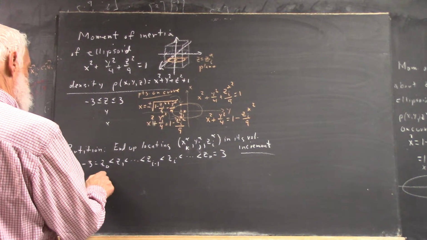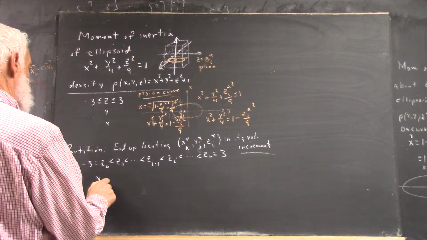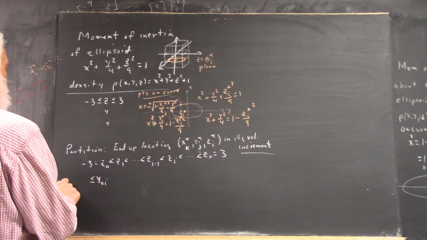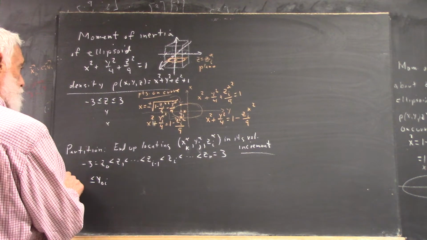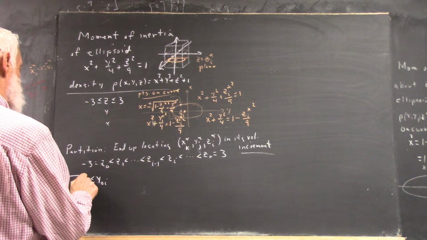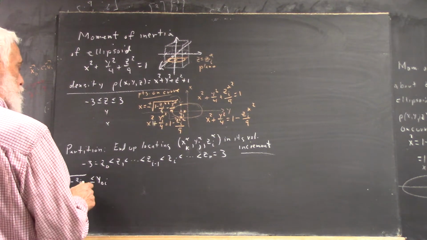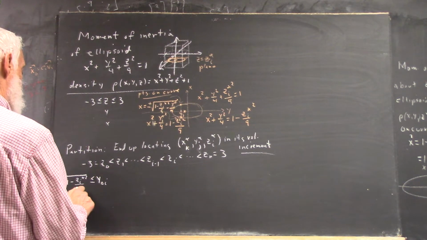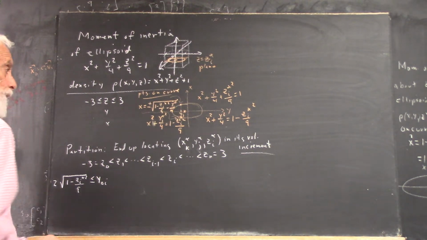I don't want to take the time to do that, but y naught I is going to go from the square root of 1 minus zi star squared over 9. It's going to be 2 times that, right?